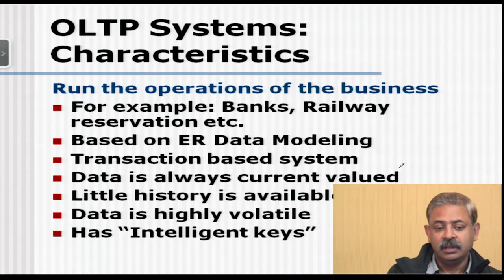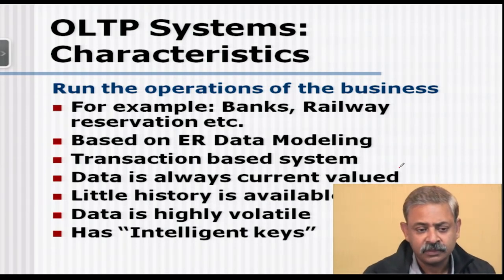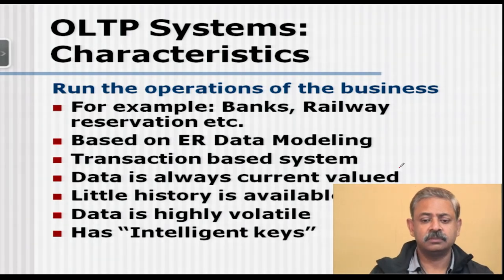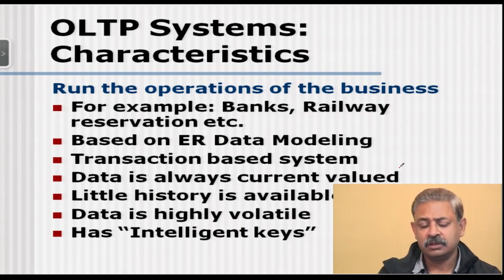So data is always current valued, and we maintain very little history in these systems. That means a few months of history is fine, but we don't store data that is, say, a couple of years old. It doesn't mean that we don't have that data anymore. It is typically archived and kept in a separate system.